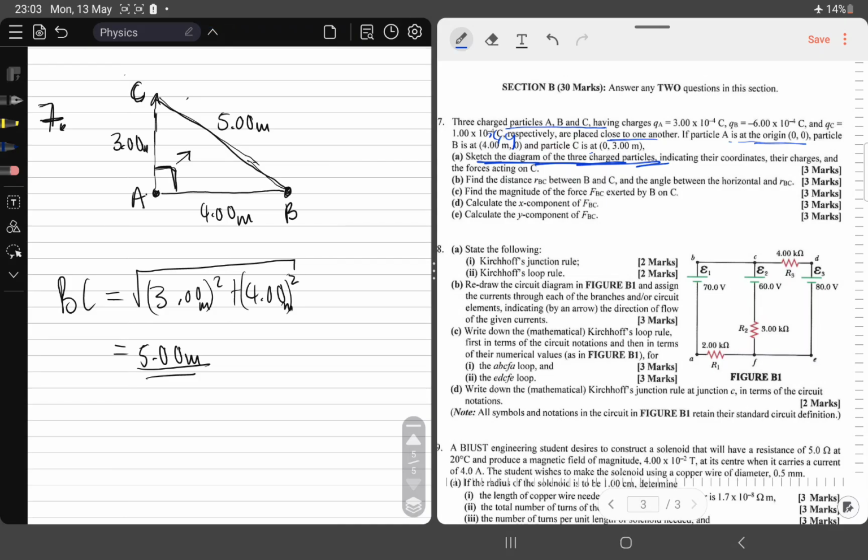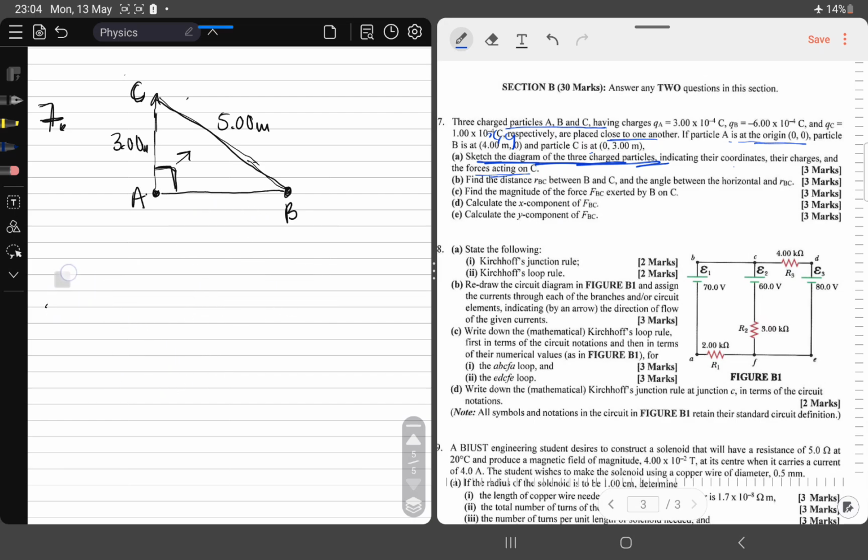Then here they are indicating the coordinates, their charges, and the forces acting on C. I don't know if they wanted the distances. Oh, they only wanted the coordinates. So I've rushed. Part A, they don't want the distances, they want the coordinates, so I'm going to remove the distances.